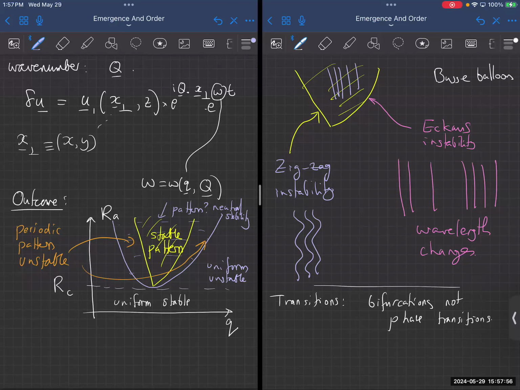The other thing is that the way we've done it, by doing these mode expansions, has reduced a very complicated partial differential equation to a set of ordinary differential equations for certain modes. So this is now the realm of dynamical systems theory, which is basically just a complicated way of solving F equals ma, but we're not solving statistical mechanics.